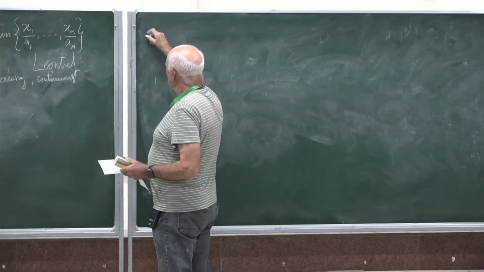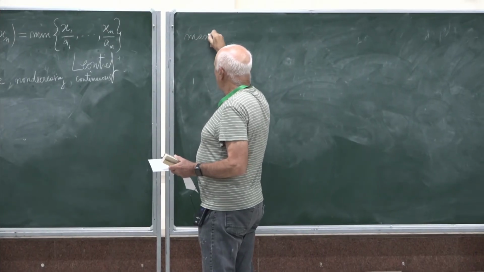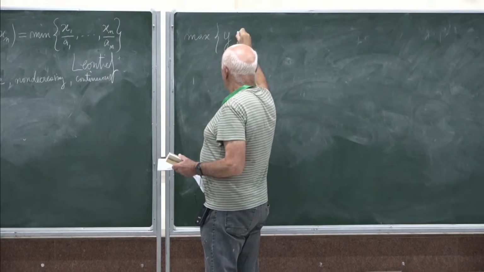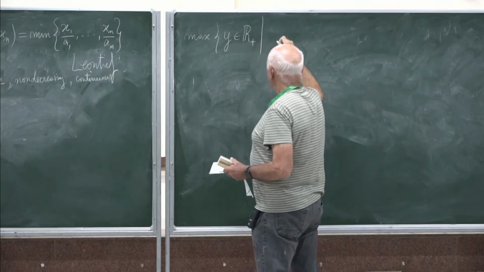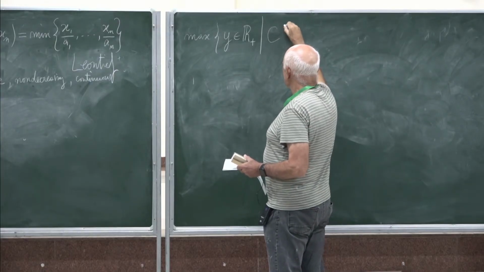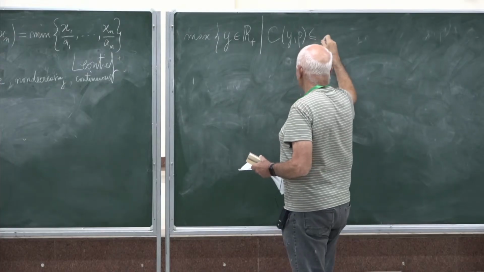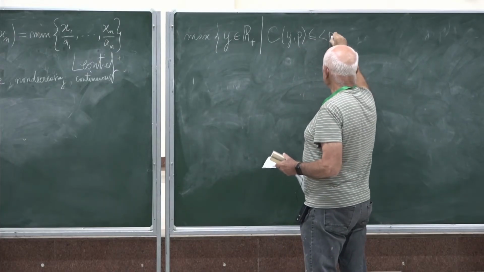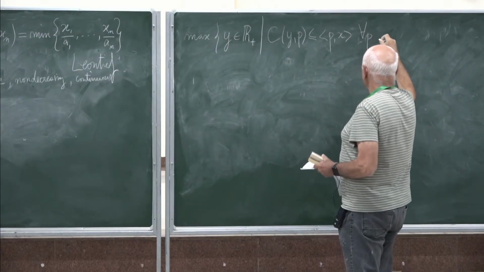So let's compute the maximum over y in R plus of those y's for which C of y, p is less than or equal to px for every p.